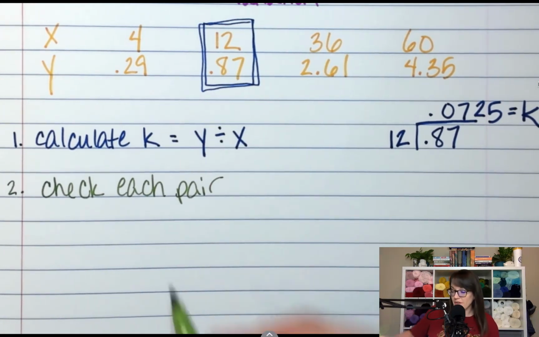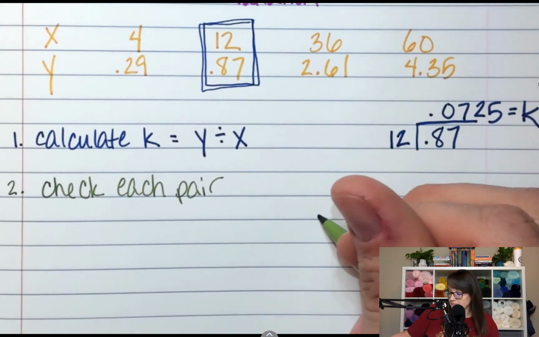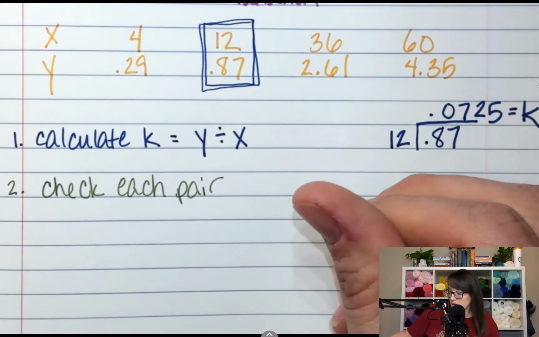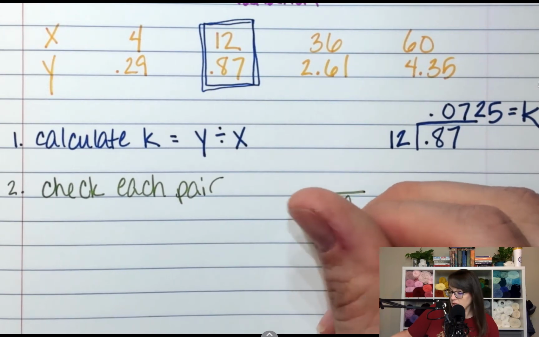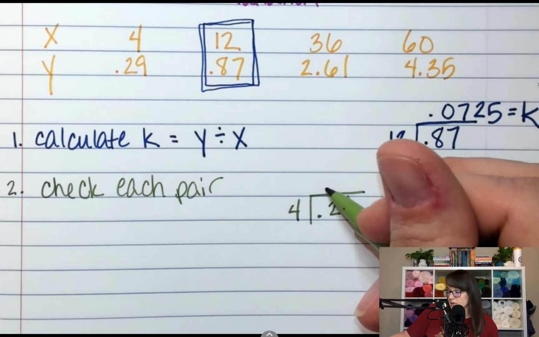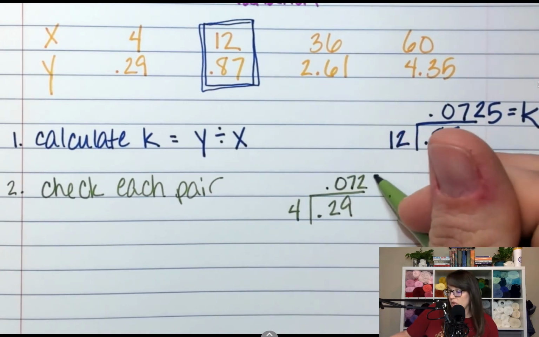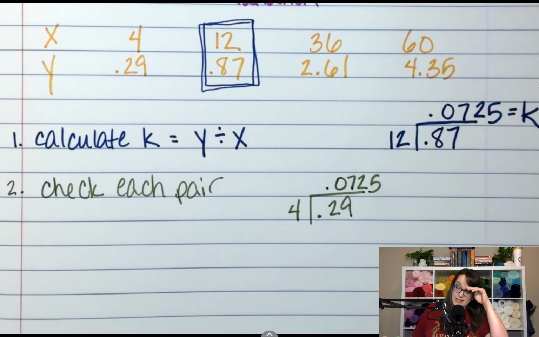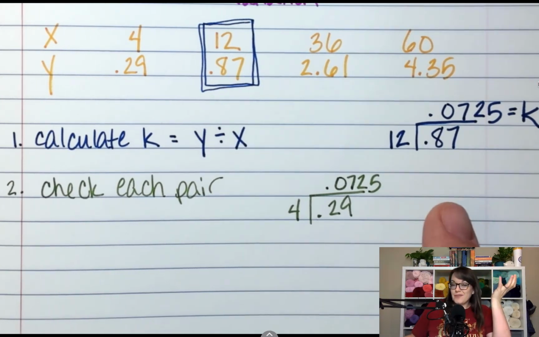So let's check the first one. 0.29 divided by 4 is 0.0725. Now, let's think, okay, I don't like dividing. I mean, I don't mind dividing, but I'm just thinking you probably don't like to divide. Well, we also know that the opposite of dividing is to multiply.